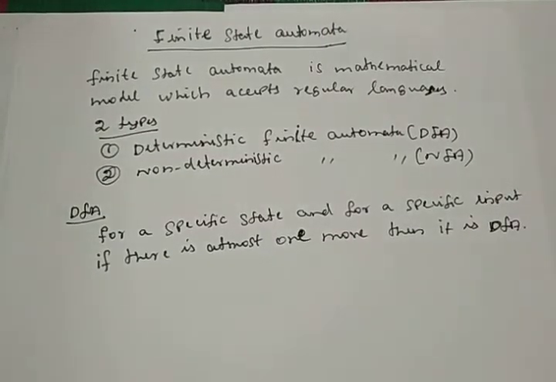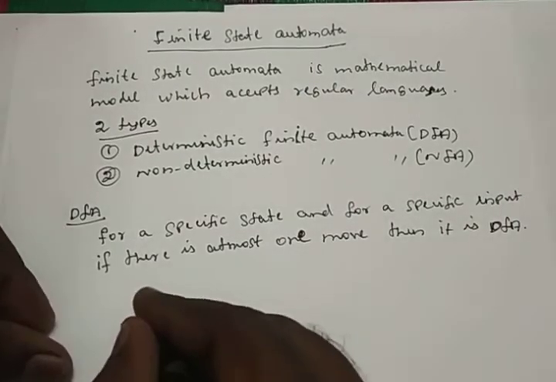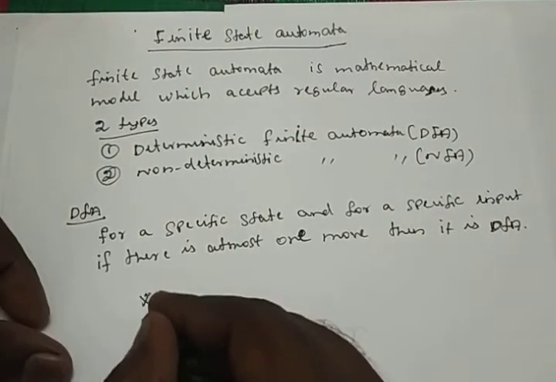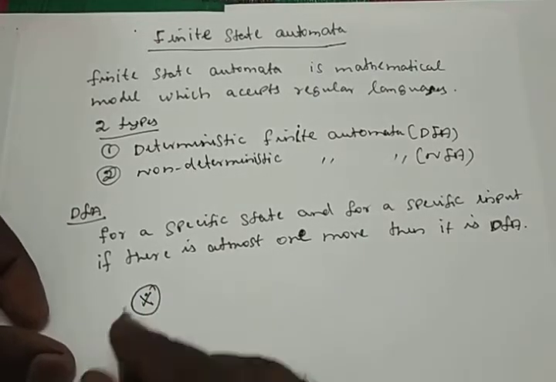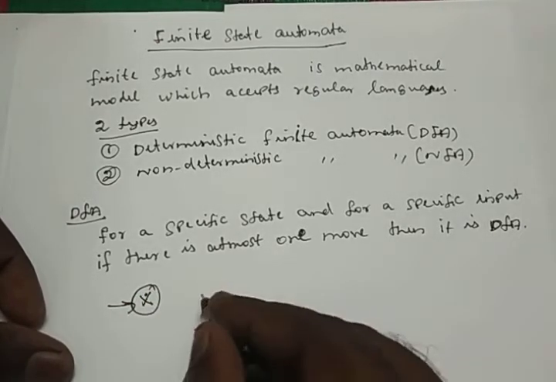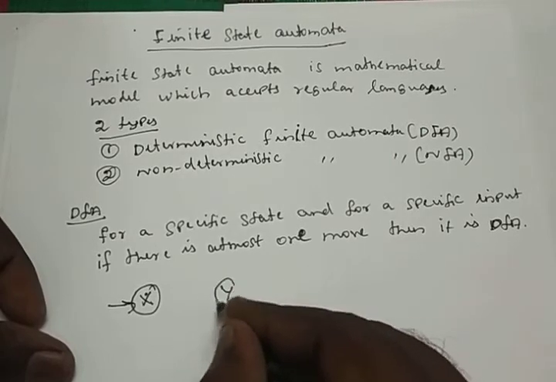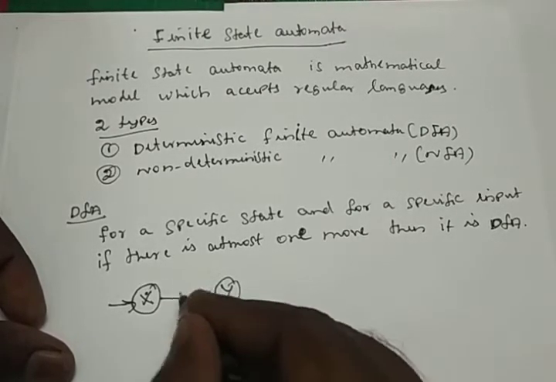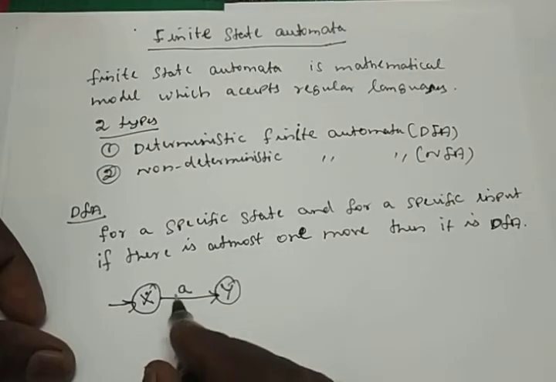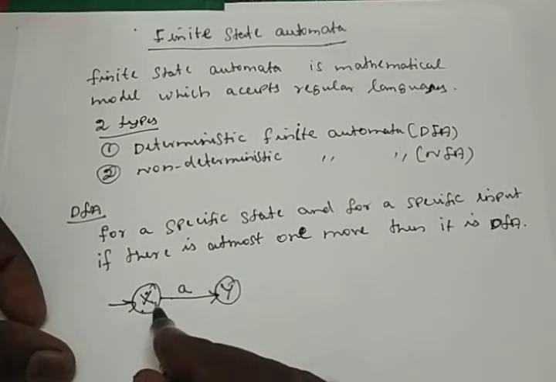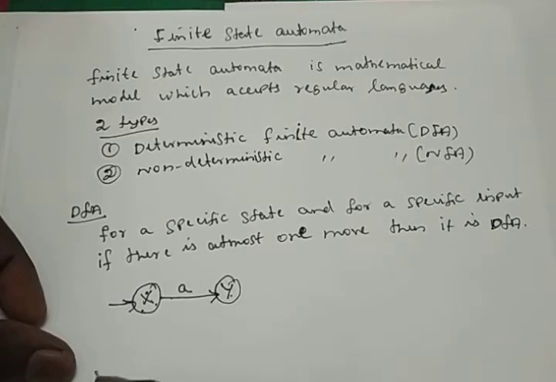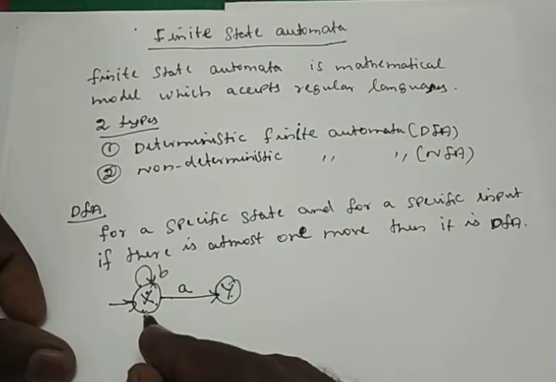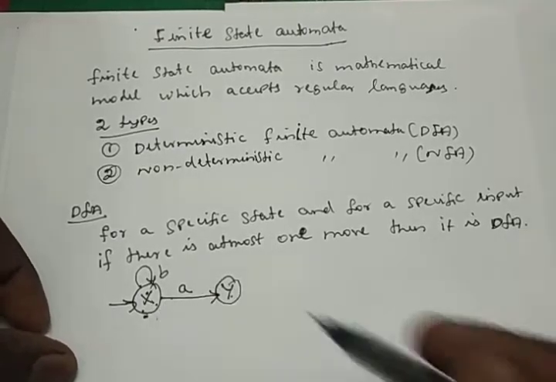Now what is meant by at most one move? For example, let us assume that I have a state called X, and I have another state called Y, and I apply an input called A. So in state X, if I apply A, it goes to state Y, and in state X, if I apply B, it goes to state X itself.